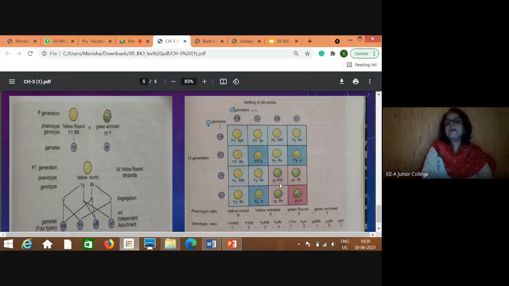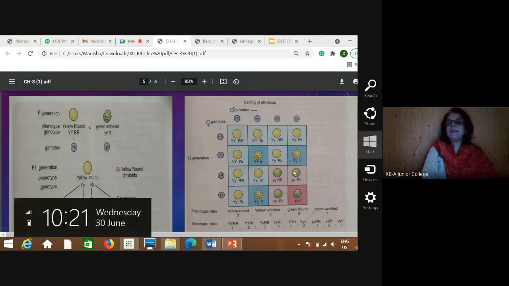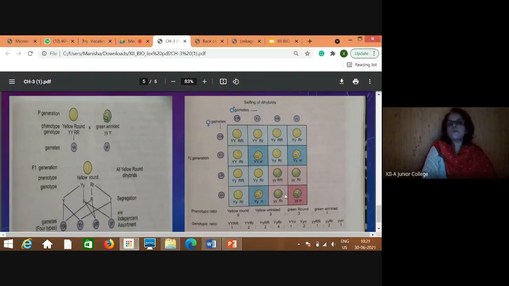So green, but round, because one of the R is capital. That means whether it is homozygous or heterozygous, it is showing which shape? Round shape. So this is green round. This is also green round, and the third is also green and round. So total 3 green and round out of 16 are produced.